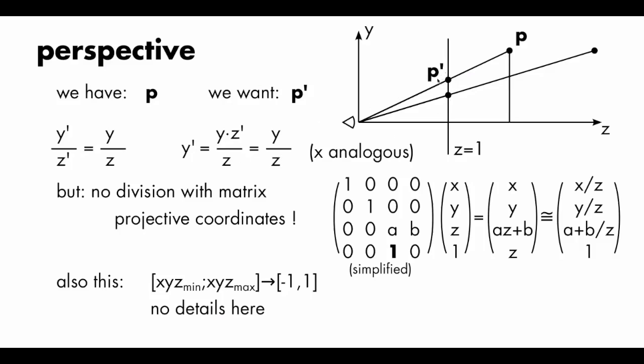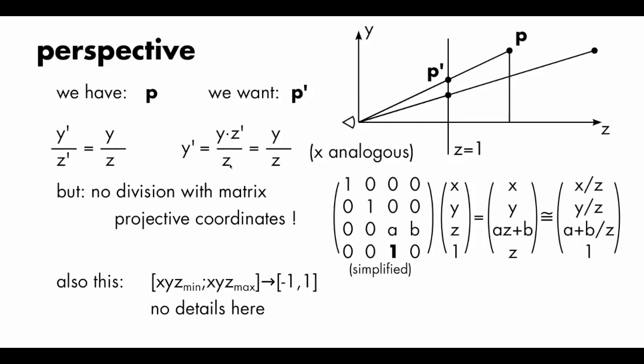And to calculate P prime, it's actually pretty easy. These are similar triangles at P prime and at P. So we have that y prime over z prime is y over z. Now we can solve for y prime.